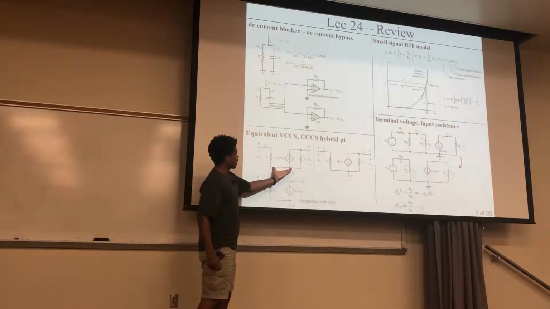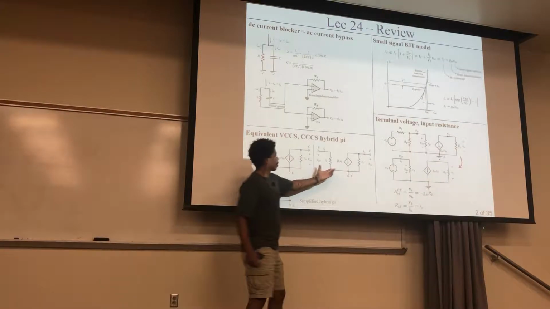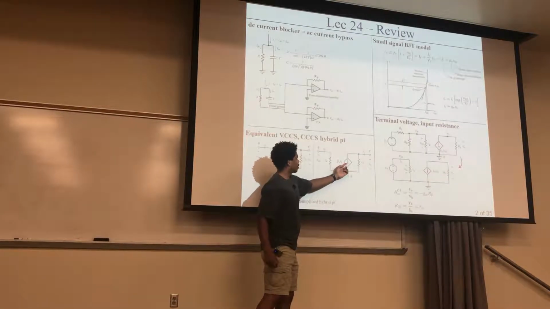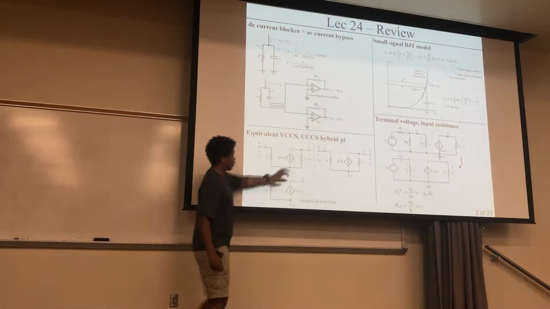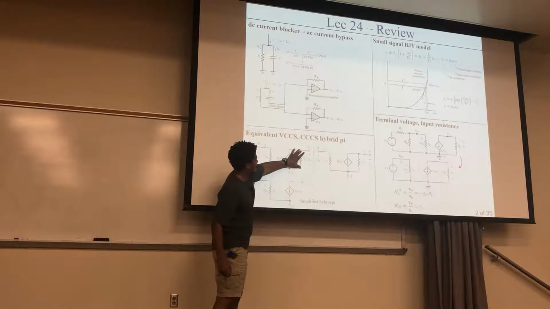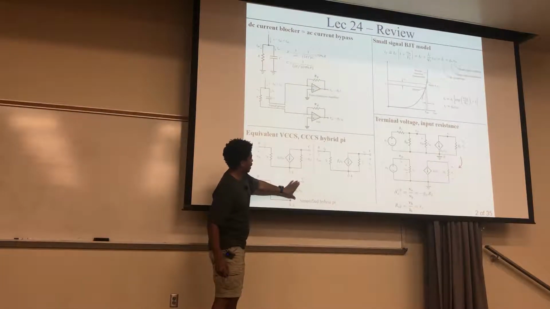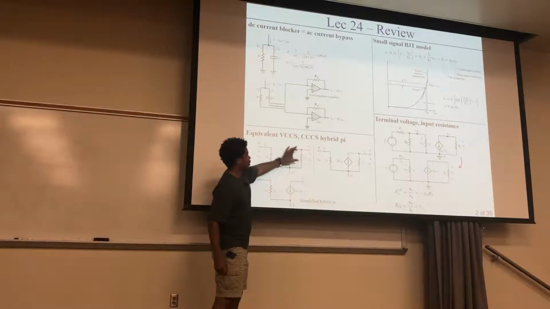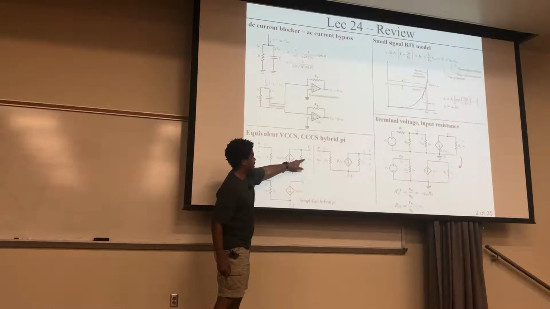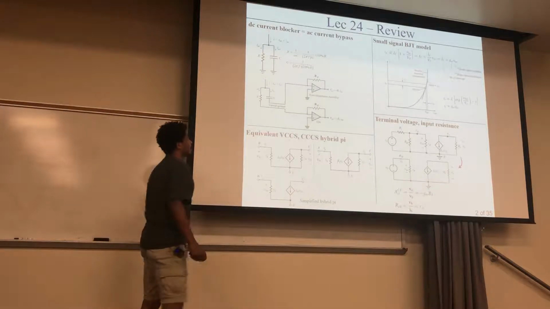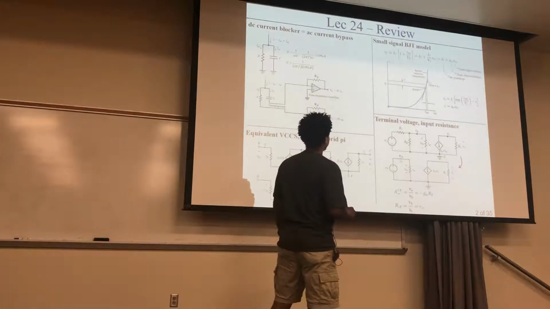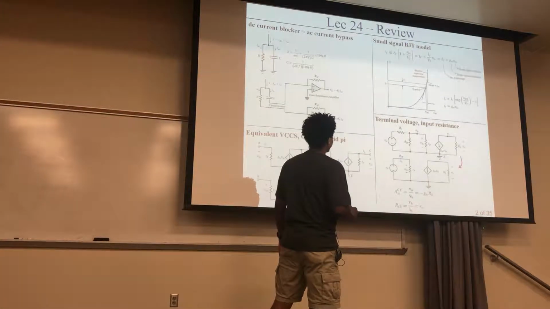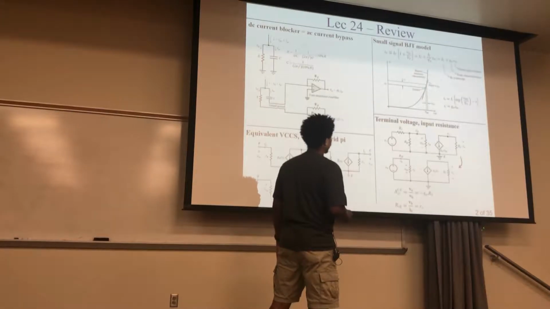So you can have it like this, which is a voltage-controlled current source, or you can model it like this, which is a current-controlled current source, or you can get rid of the output resistance right here if that is negligible. And in this lecture, toward the end, we'll figure out when you can and cannot get rid of that output resistance. Then we looked at the small signal BJT model, and we found that it's pretty much like the analysis we did for the diode.